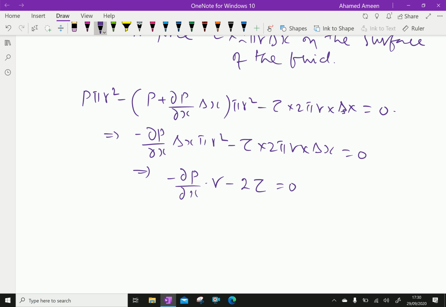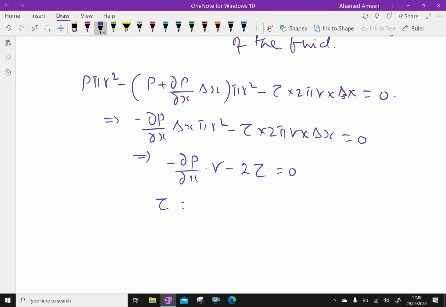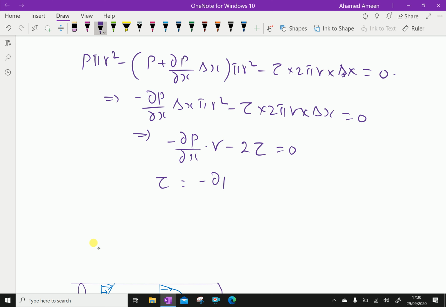Therefore, tau equals minus dou P by dou x into r by 2. This is the shear stress.